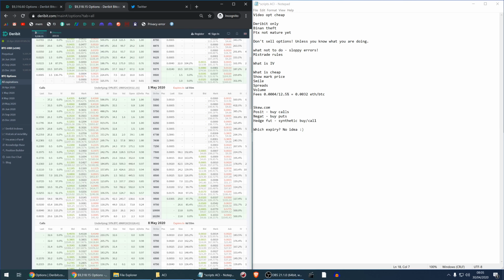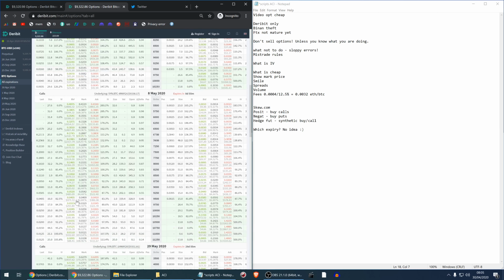The volume is 200 options here, and you can see that the volume is highest near the current spot price, and that's because these options are the cheapest in terms of implied volatility, and this is why they get decent amount of volume. So if you submit an order in the order book here, it is likely that someone will give you a fill.